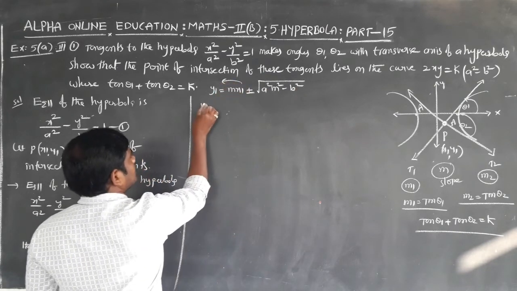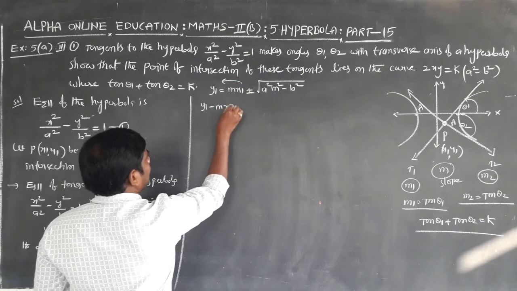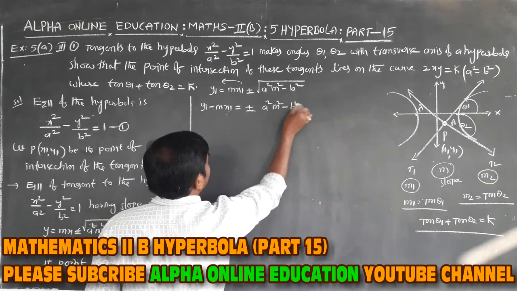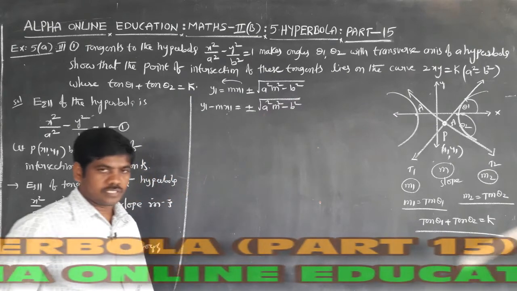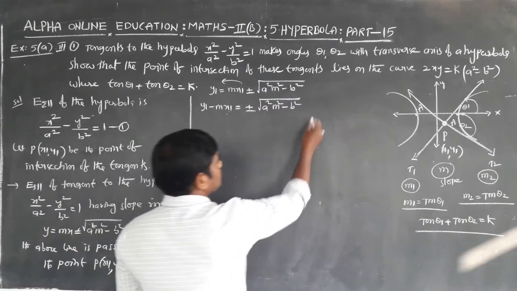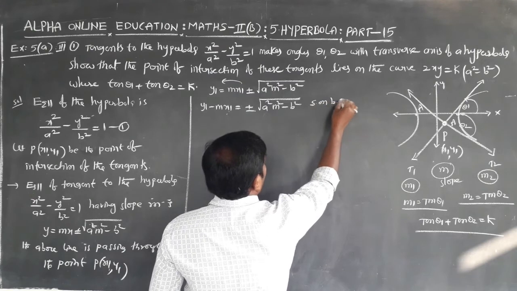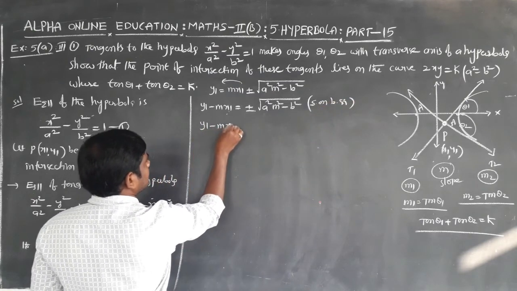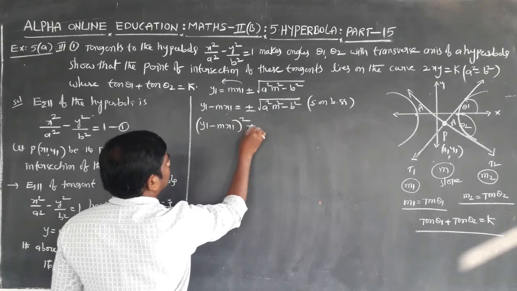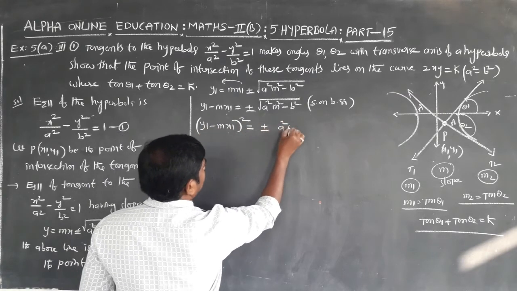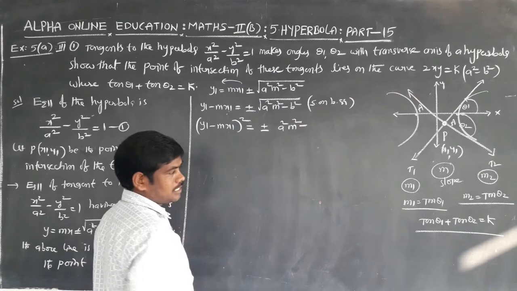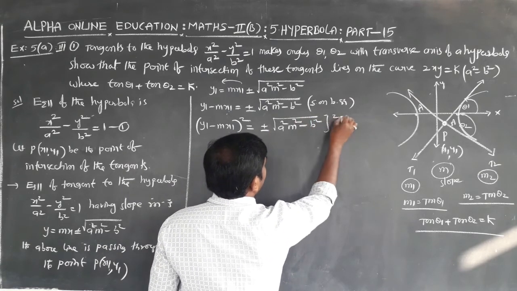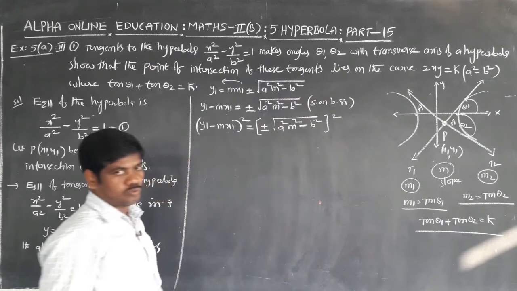Taking mx1 to the left side, y1 minus mx1 equal to plus or minus under root of a square m square minus b square. Squaring on both sides, y1 minus mx1 whole square is equal to a square m square minus b square.